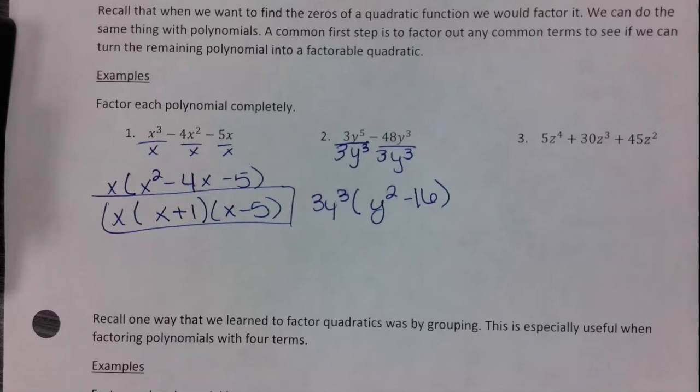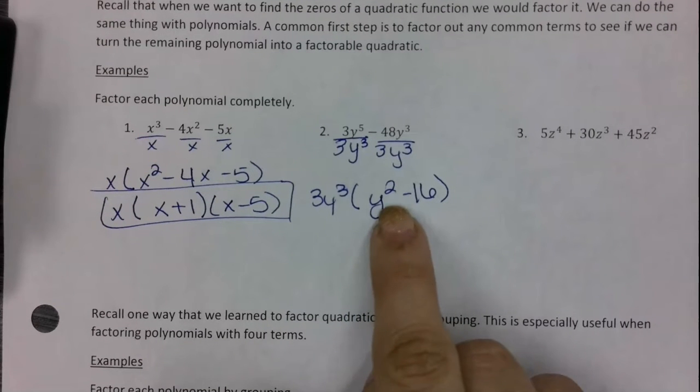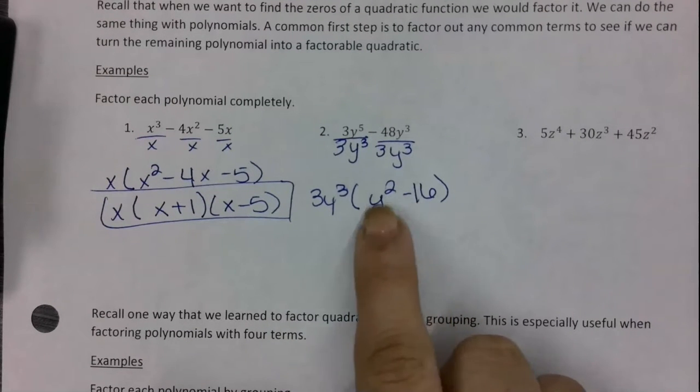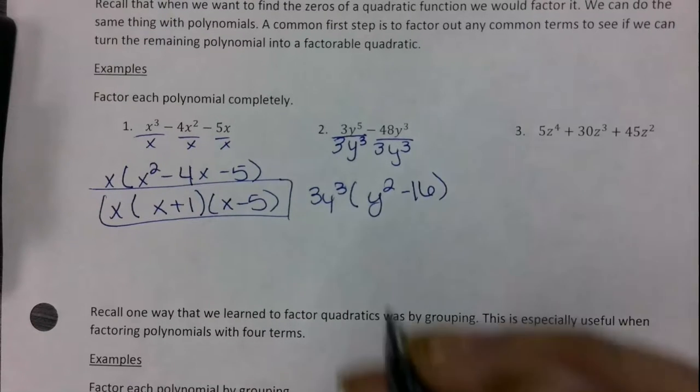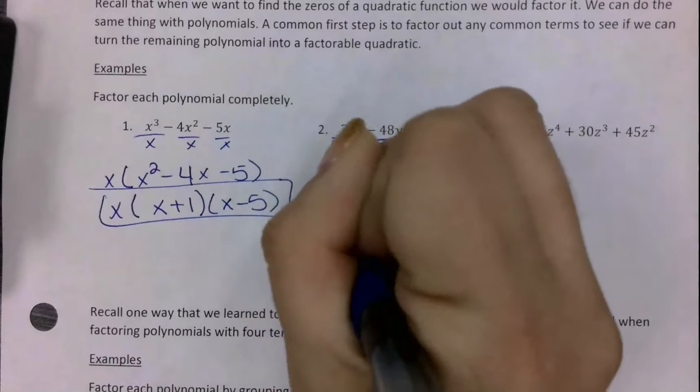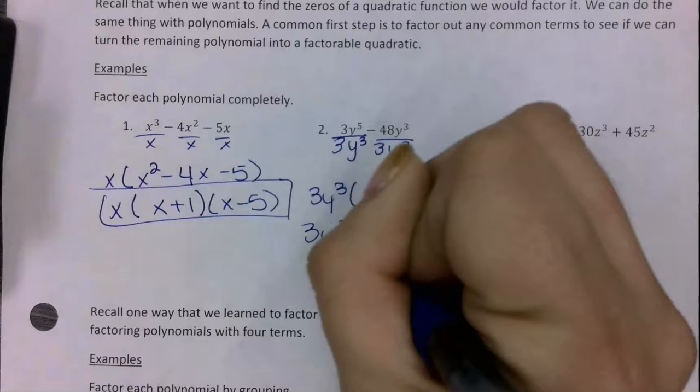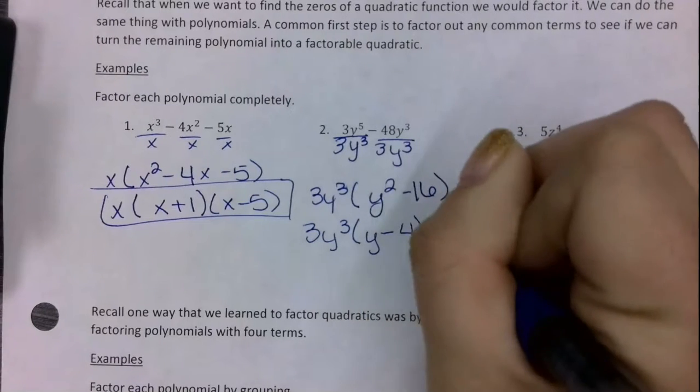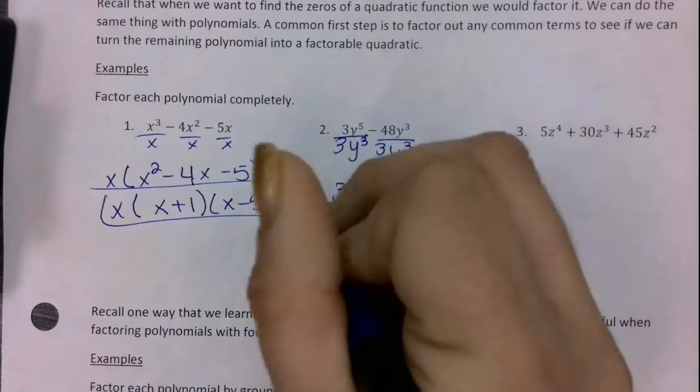Do you guys remember what happens when I have a squared minus a perfect square? This is called a difference of squares. So, what's the square root of 16? 4. So I'm going to have one that's -4 and another one that's +4 for my factors.